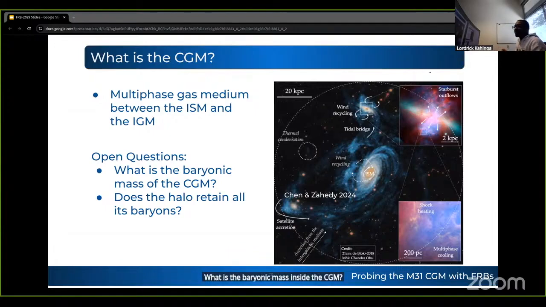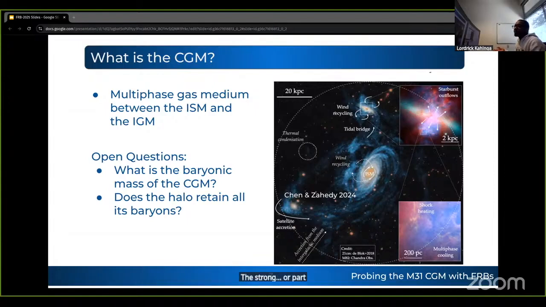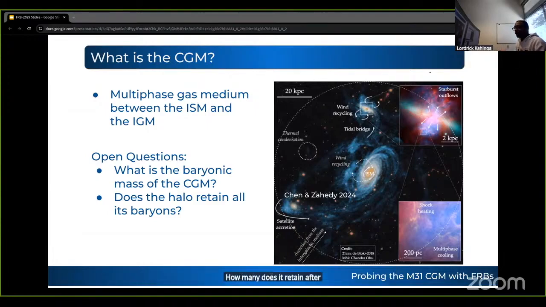This rolls off part of the strong missing baryons problem that Liam Connor was talking about earlier. Another thing we want to think about in terms of distribution of baryons is how many of these baryons are inside the halo, and how many does it retain after they fall into the halo? These are the two questions we set out to think about.